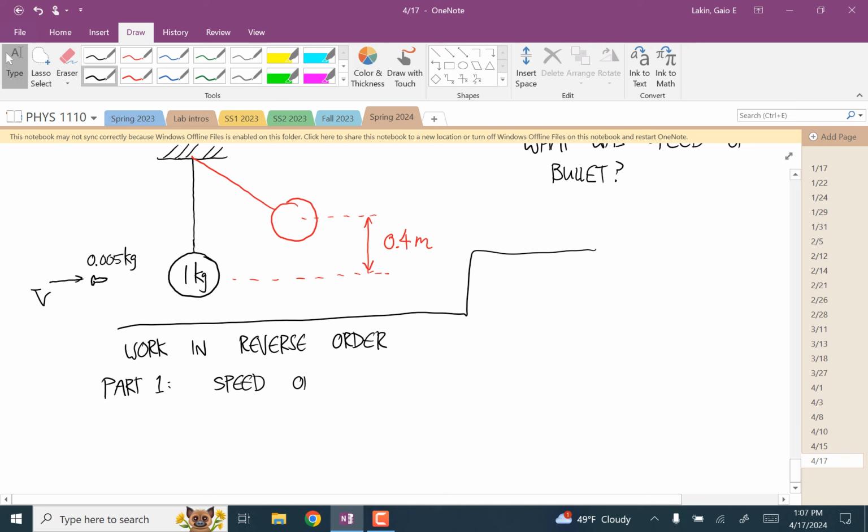So the speed of the mass at the bottom required to swing up a height of 0.4 meters. Okay, so its height is going to change by 0.4 meters.